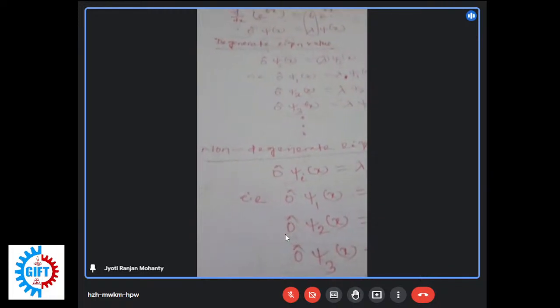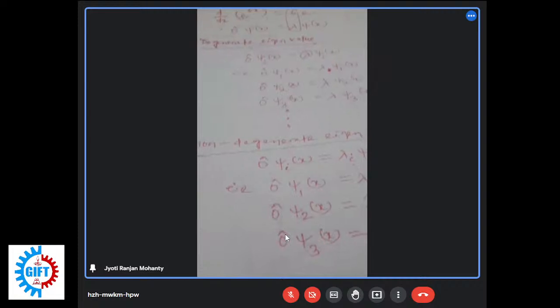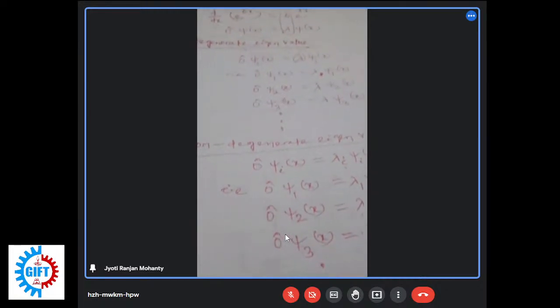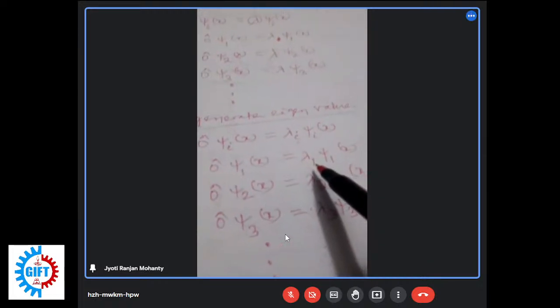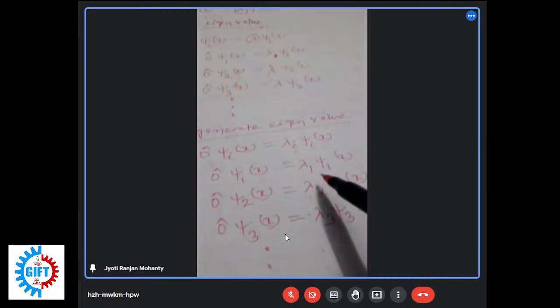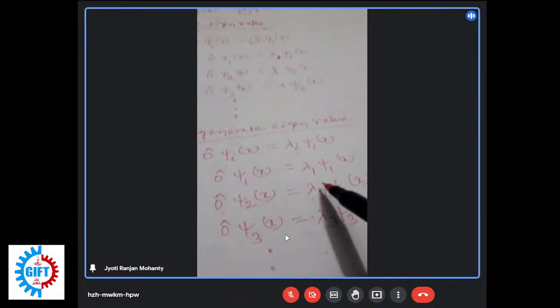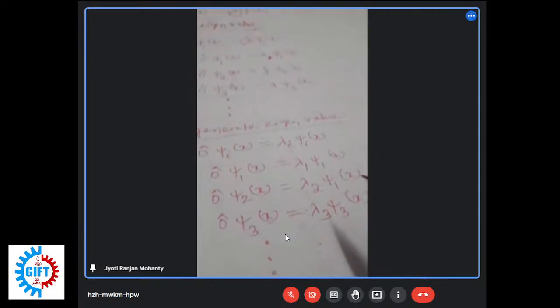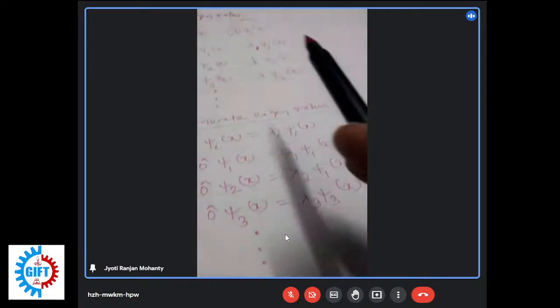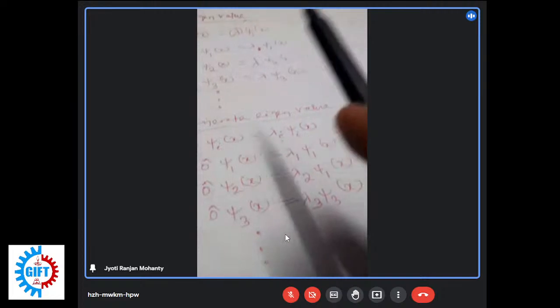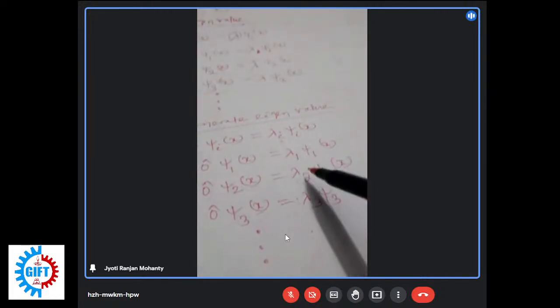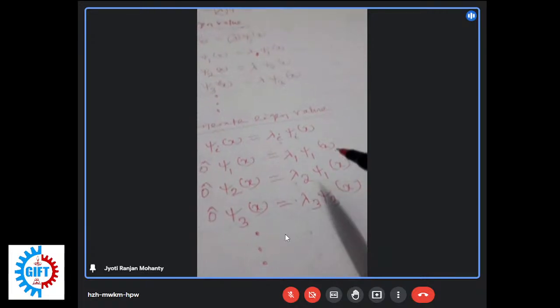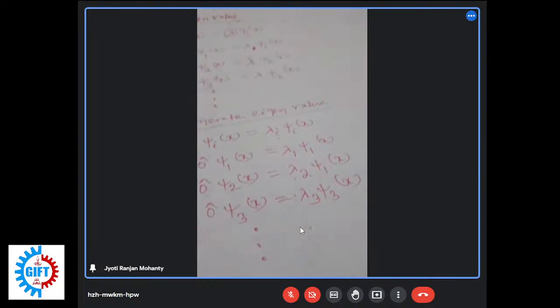Psi 3x is equal to lambda 3 psi 3x and so on. You see here the eigenvalues are different. So these different eigenvalues are called non-degenerate eigenvalues. Understood? In the previous case lambda was the same, but here lambda changes: lambda 1, lambda 2, lambda 3. So it is known as non-degenerate eigenvalue. Okay?